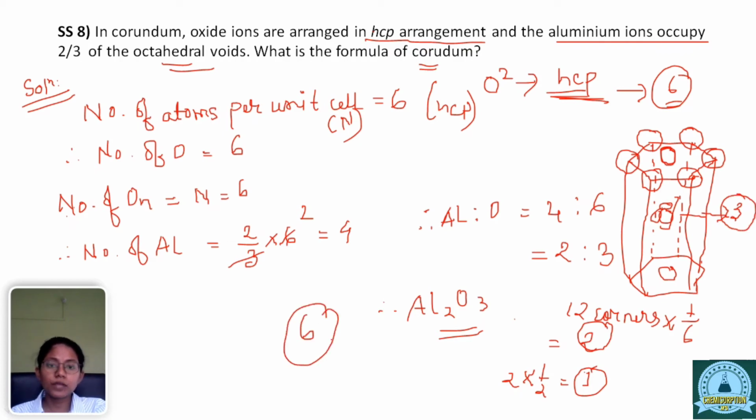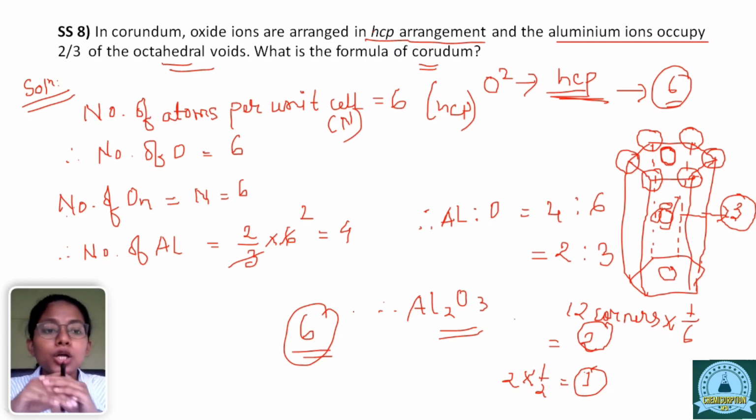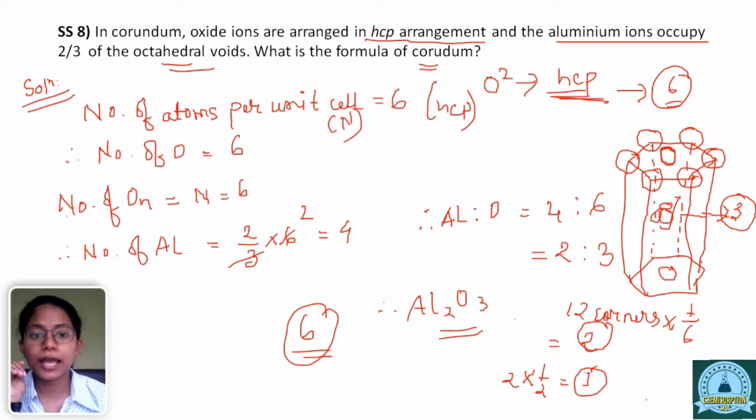Okay. So where is the 6 obtained from? In the hexagonal structure we have two hexagonal faces, and we have 12 corners, and each corner atom is shared by total 6 nearby unit cells. So one corner will contribute 1 by 6 to 1 unit cell. And we have 12 corners, contribution from each corner 1 by 6, which is equal to 2. This is for corner.